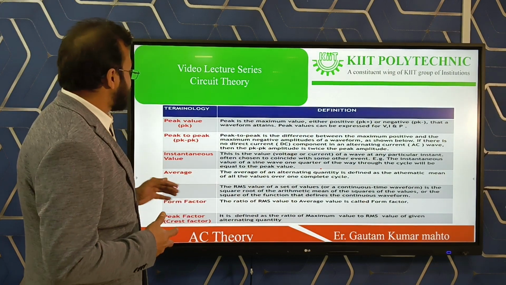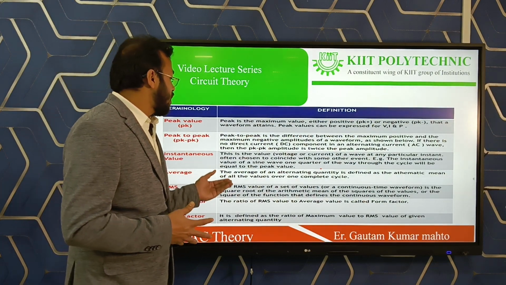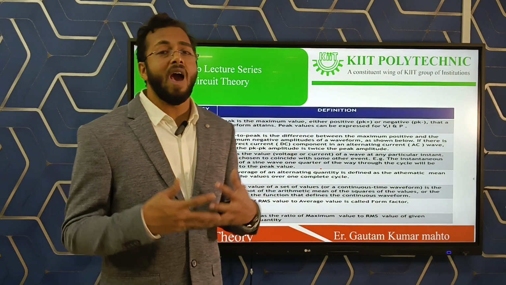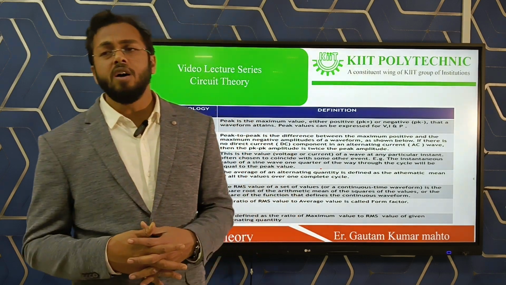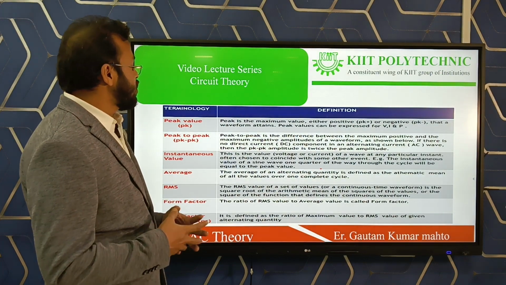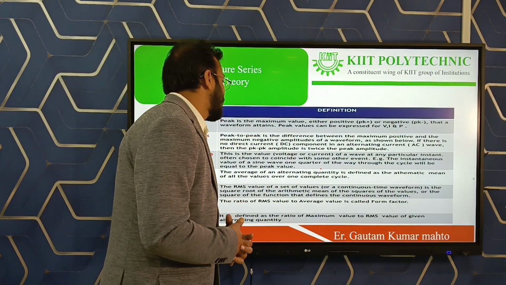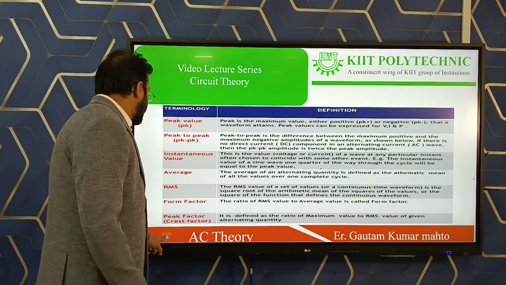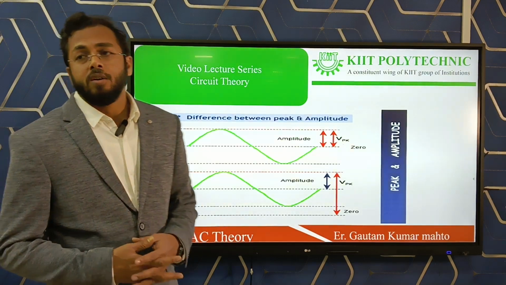And then form factor, the ratio of RMS value to average value, is known as the form factor. The peak factor is defined as the ratio of the maximum value to the RMS value of a given alternating quantity.